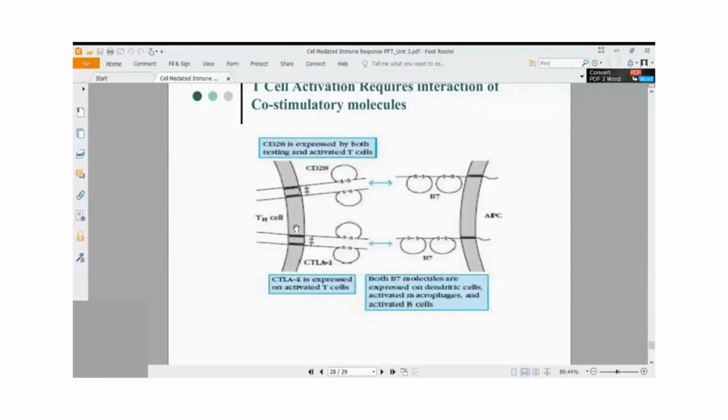And that suppression comes with the help of expression of another receptor, that is CTLA-4. And the CTLA-4, which is expressed at the end stage, will establish contact with another B7 receptor, which is different from the first receptor. The first receptor, we have called it as B7.1, which is CD80.